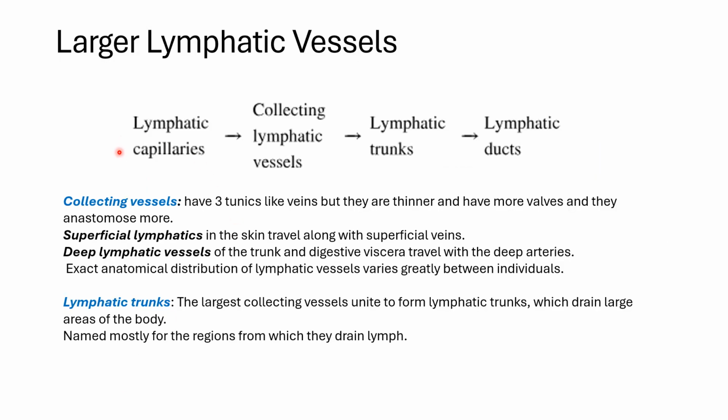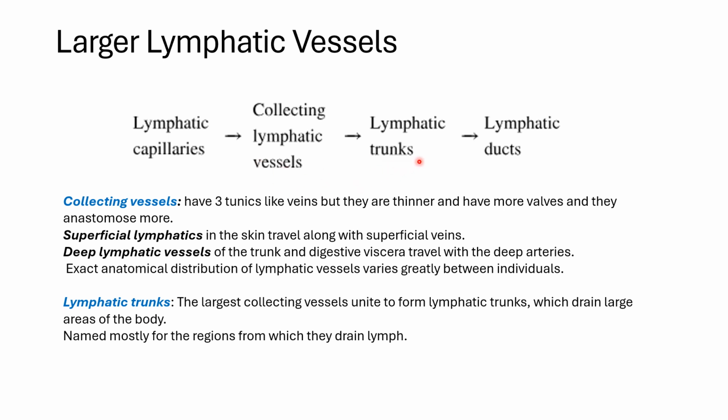Now this is just like our arteries. They turn into smaller arteries, and then into arterioles, then into capillaries. Similarly, with these lymphatic capillaries, first of all, the first step is the capillaries, then they change into lymphatic vessels, which are bigger than capillaries, and then they make lymphatic trunks, which are further bigger vessels compared to the vessels.